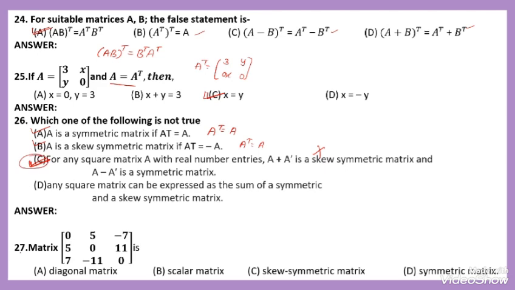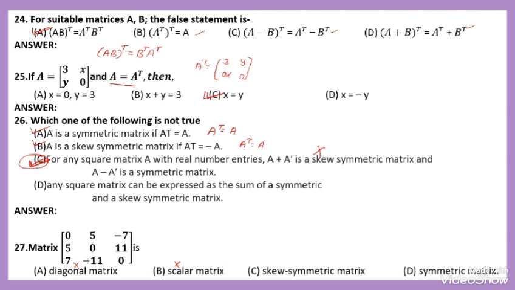Question number 27. A matrix containing the elements 0, 5, minus 7, 5, 0, 11, 7, minus 11, 0. Okay, this is the skew symmetric matrix. This is not a diagonal matrix because the non-diagonal elements are not 0, but here the diagonals are 0. So this is also not a scalar matrix.